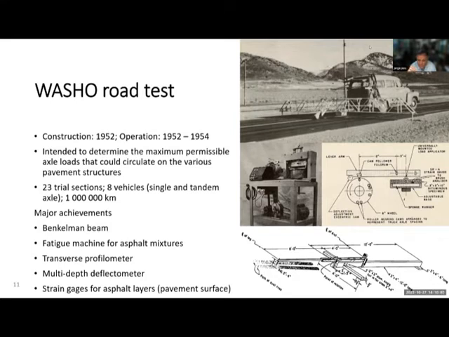But one of the most important things was the development of the first fatigue machine to evaluate fatigue resistance of asphalt mixes. And here in the middle of this picture, we can see the mechanism that they developed to simulate not a single axle, but a single and dual axle, and also to simulate the distance between the axles in a truck.